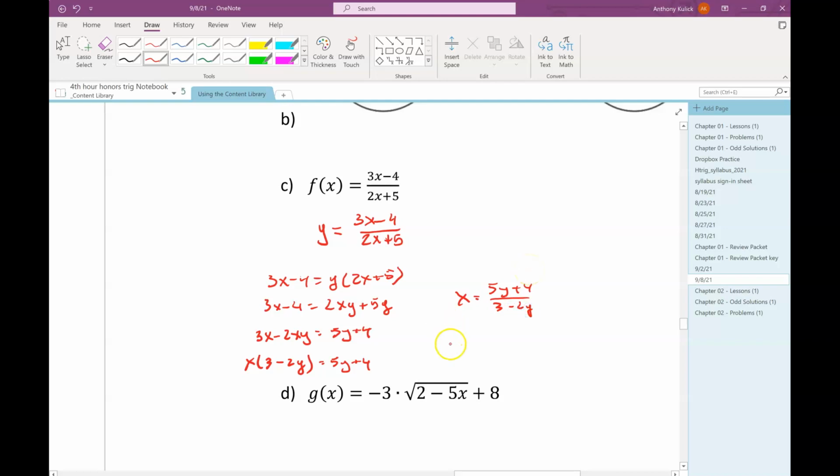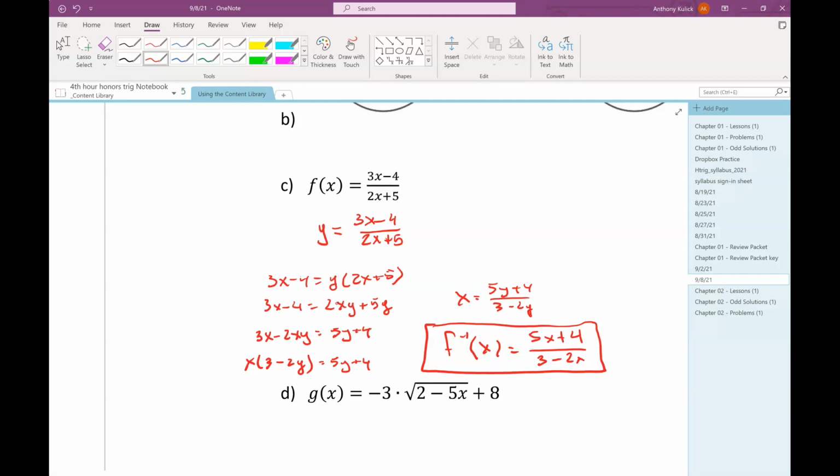And then I can swap my x and y and rewrite this in function notation to get this. Answers can vary a little bit in form. If you move things to the opposite side, maybe the signs are flipped. So you could differ by a factor of -1 and still be fine, but that's the idea there.